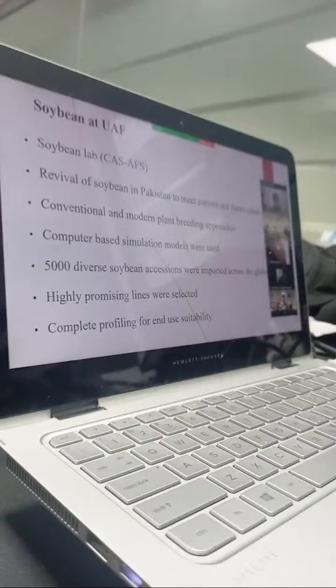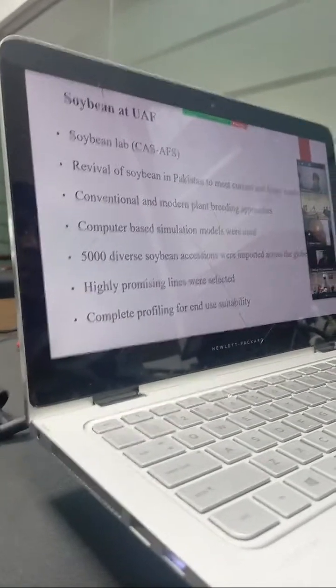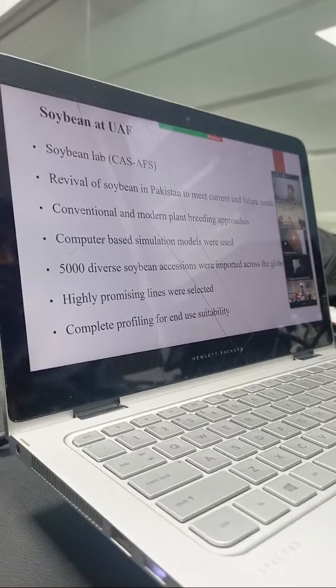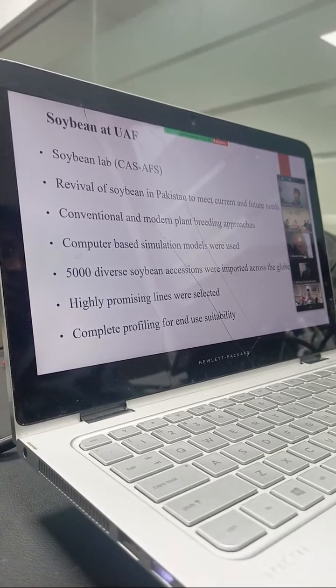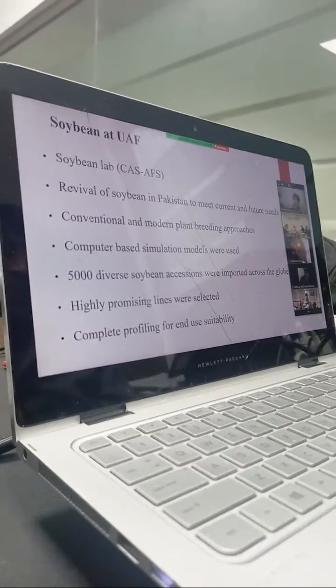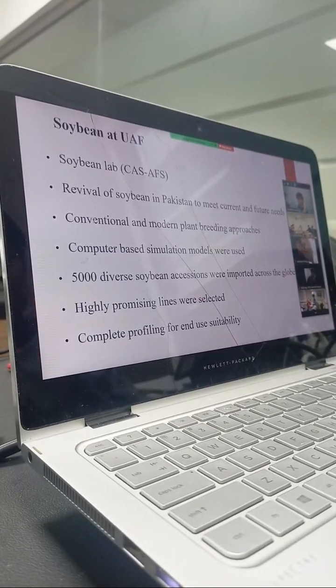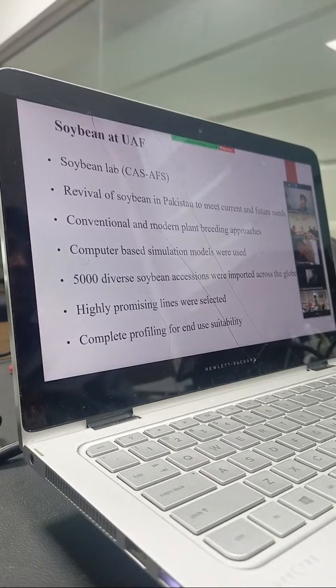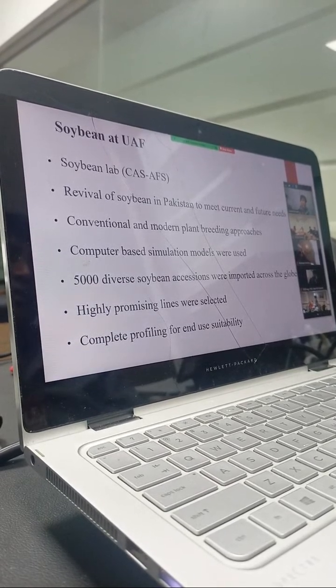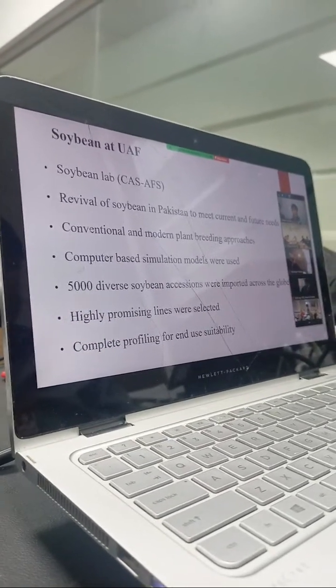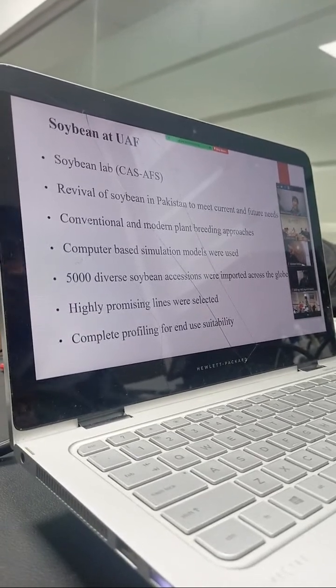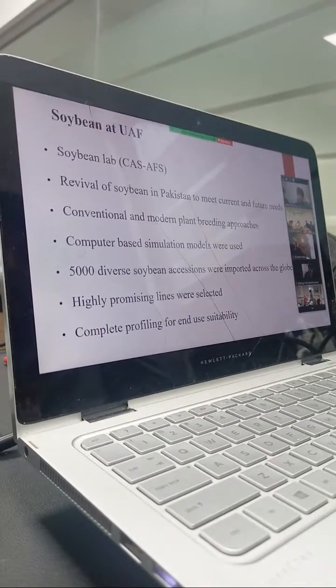And these lines are from USDA, but their origin is from almost all over the world, for example Brazil, China, India, Korea, Canada, Argentina. Almost from all the major soybean growing countries, we collected the germplasm. And this is how we started work on soybean.